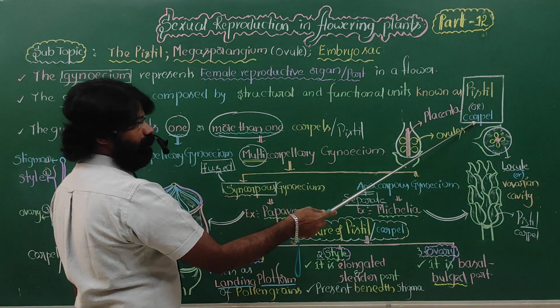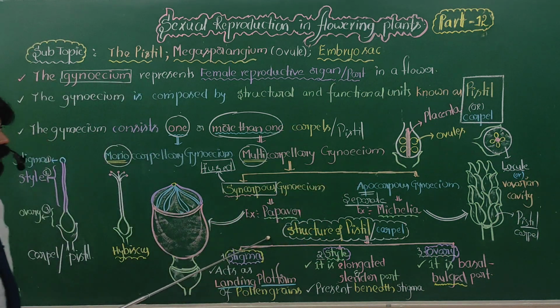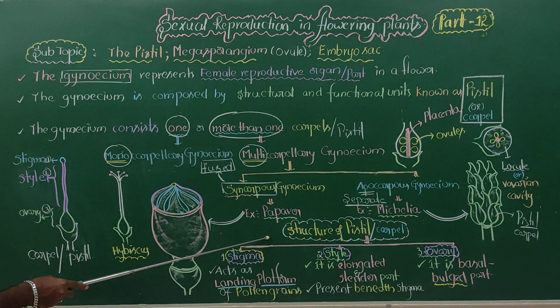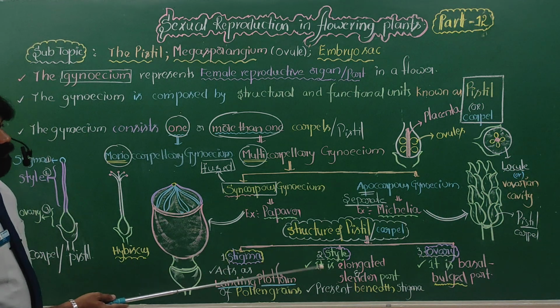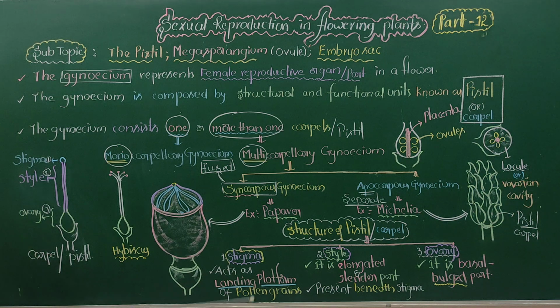Now, I told you previously the gynoecium is composed of structural and functional units, nothing but a pistil or carpel. Now the structure of the pistil or carpel: each and every pistil or carpel is composed of three parts. If you see this pistil or carpel diagram, the tip, the terminal part, the top part is nothing but the stigma.